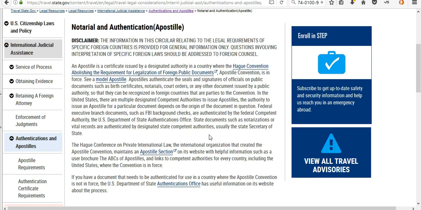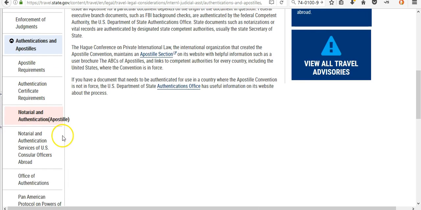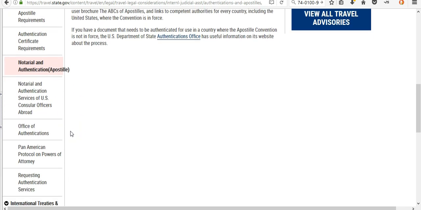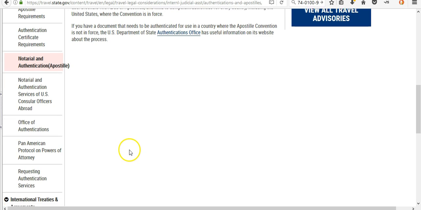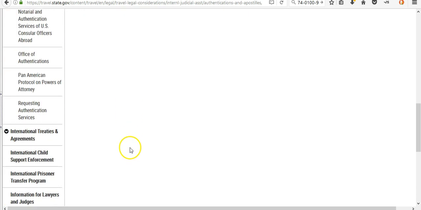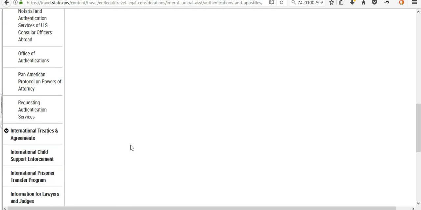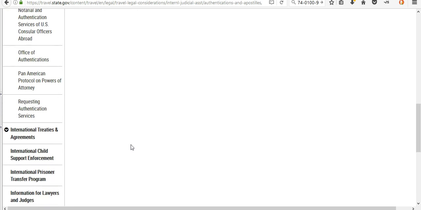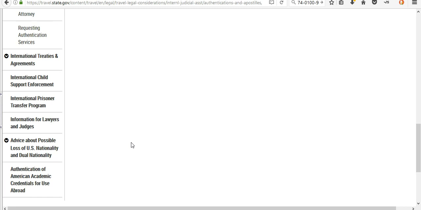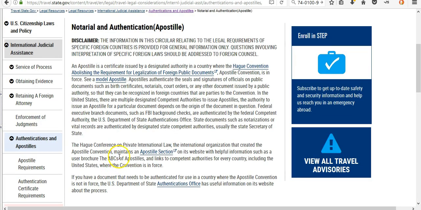I'm not going to read this right here. Authentication requirements, services. You see, it's international treaties and agreements. You need to take a look at that. Not right now though. All right.